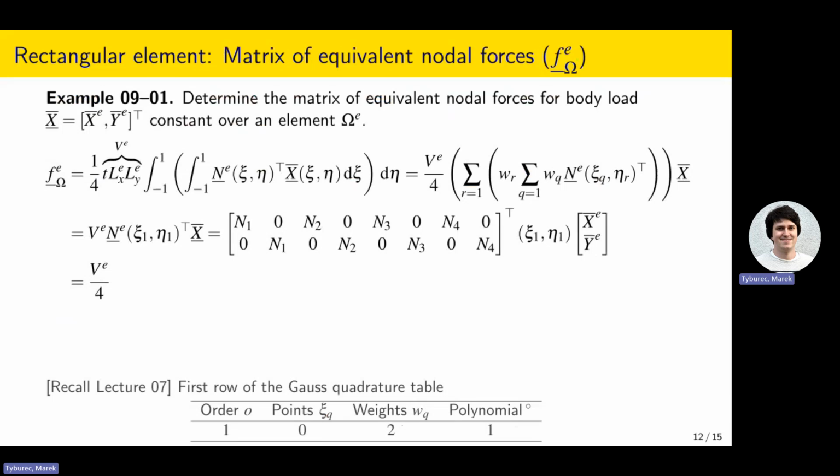as this V, so this volume of the element over 4 times, and now we do the Gaussian integration in 2 dimensions. So what does it mean?